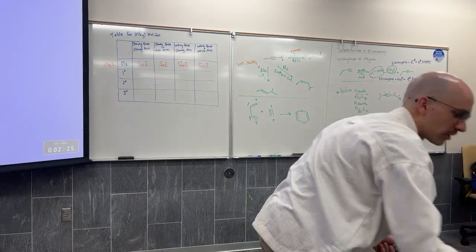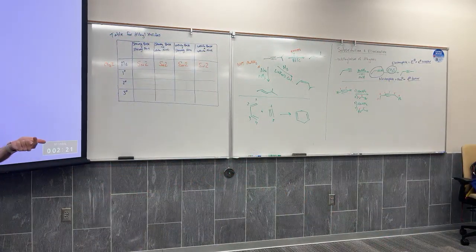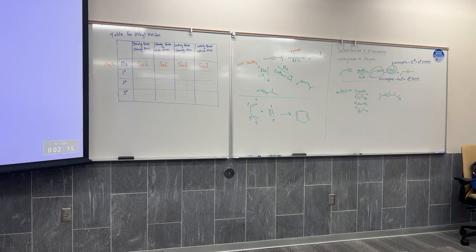And SN2 just means the nucleophile bonds to the carbon at the same time that the leaving group leaves the carbon. So we'll look at a reaction that demonstrates our SN2 mechanism.